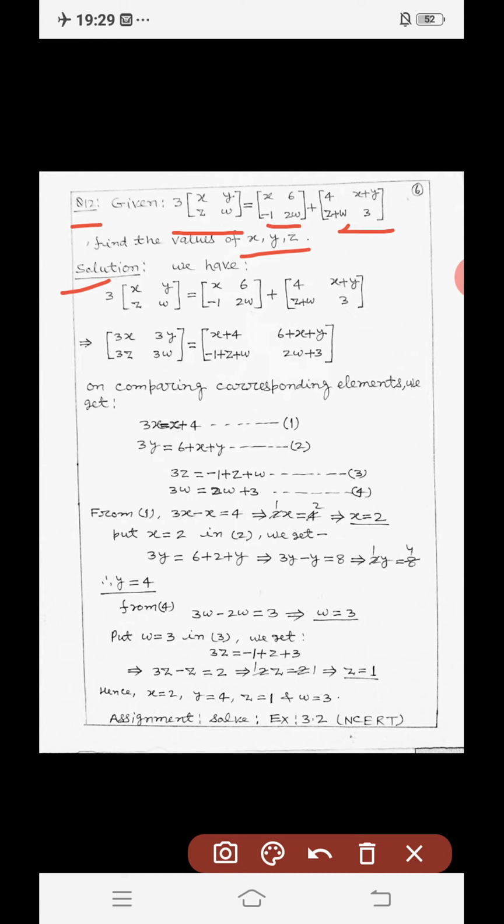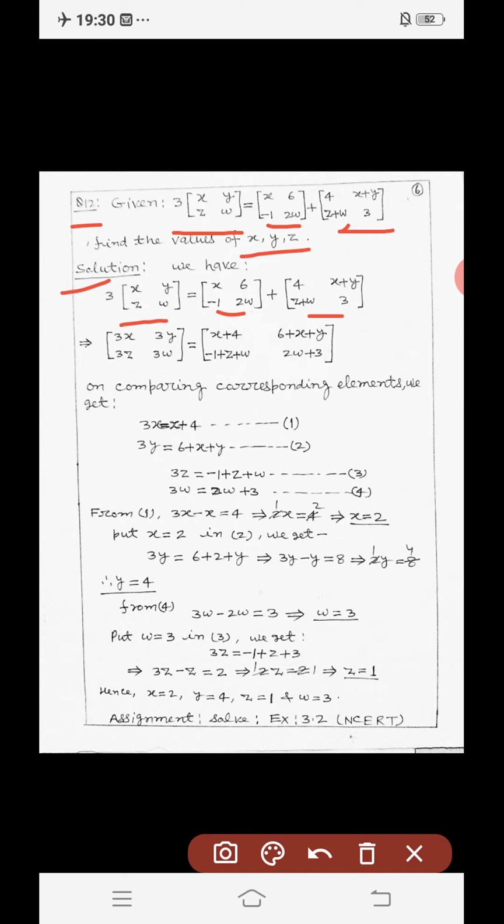To find the solution, we have 3 into the matrix having elements x, y, z, w equal to the sum of the matrices having elements x, 6, -1, 2w and 4, x plus y, z plus w, 3.